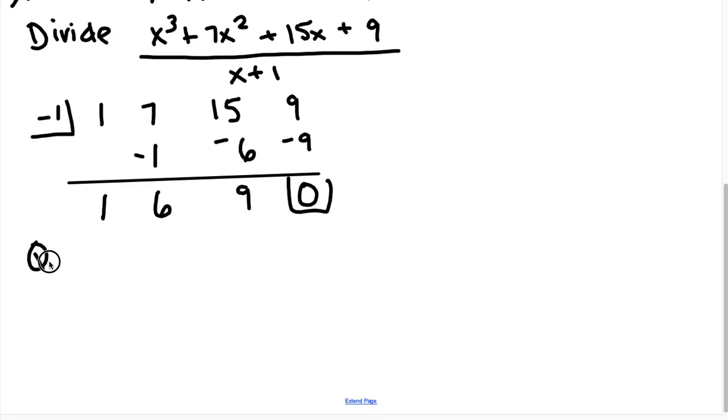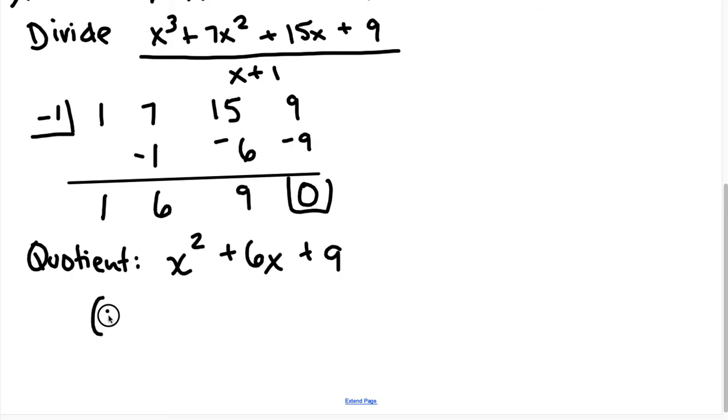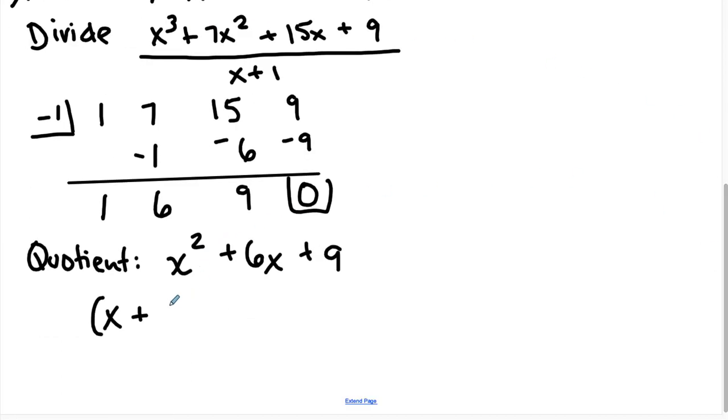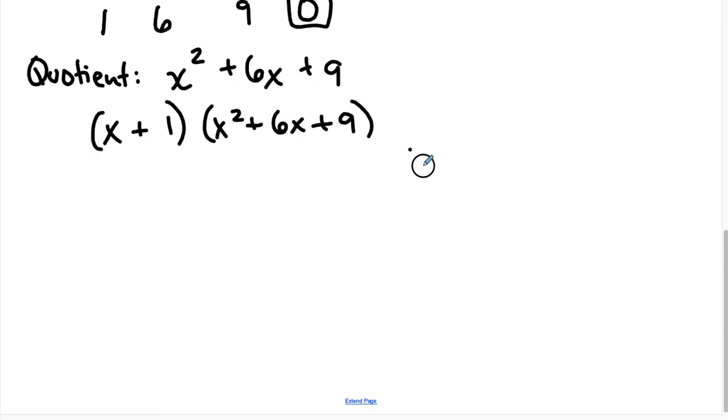More importantly, what you want to know is your quotient. Your quotient here is x squared plus 6x plus 9. So our original factor is x plus 1, and from dividing, I got the quotient x squared plus 6x plus 9, which is, again, factorable, because I can find factors of 9 that add up to 6.